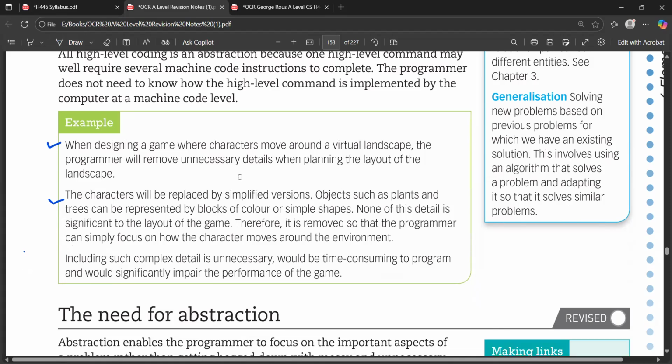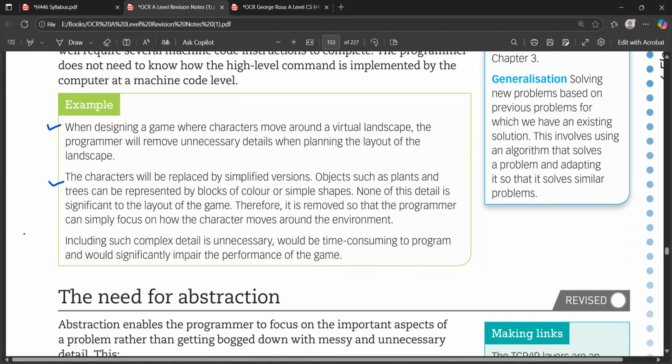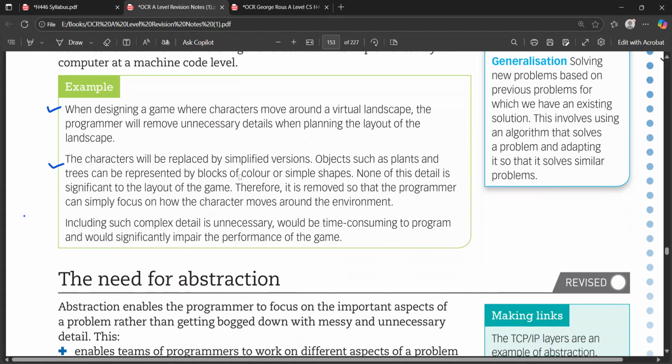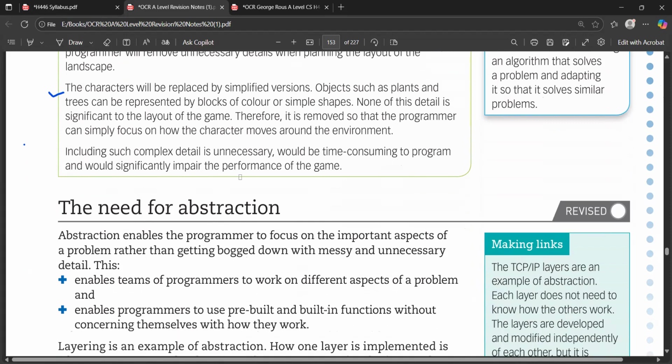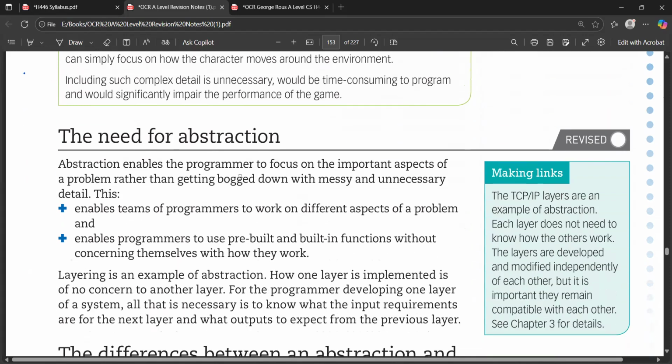Do you know what generalization is? It's like solving new problems based on previous problems for which we have an existing solution. We can also know the need for abstraction as well, and I discussed that. So abstraction basically enables the programmer to focus on important aspects of a problem rather than getting bogged down.